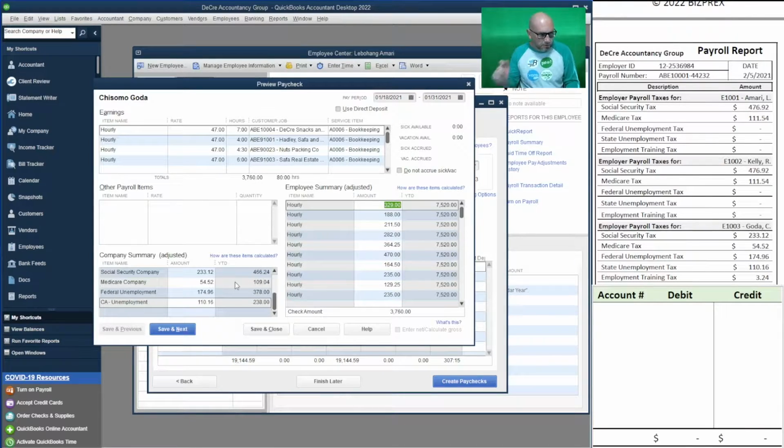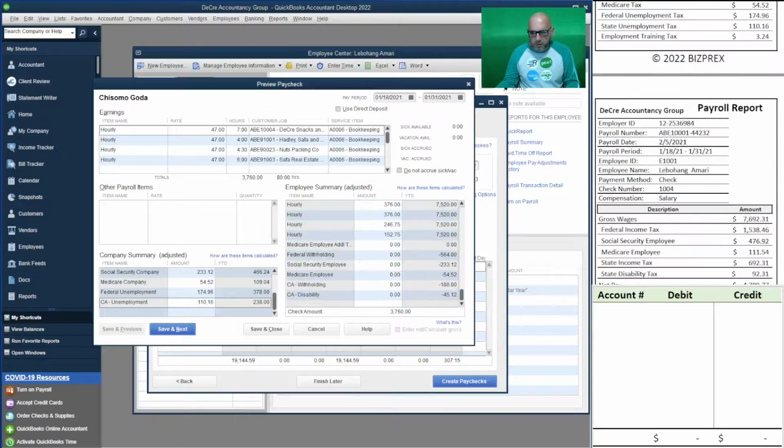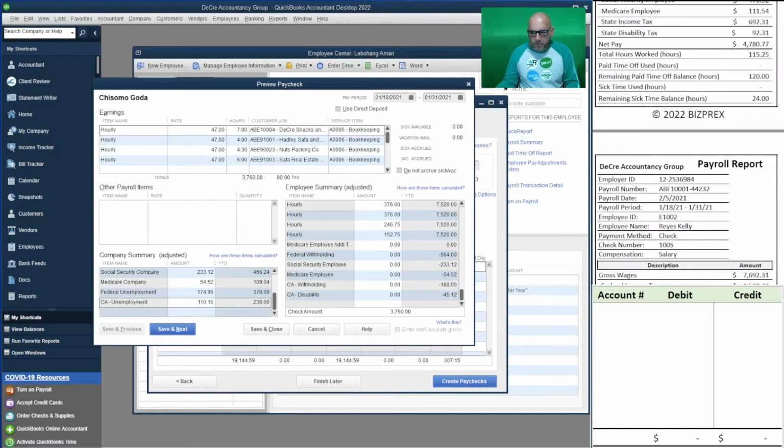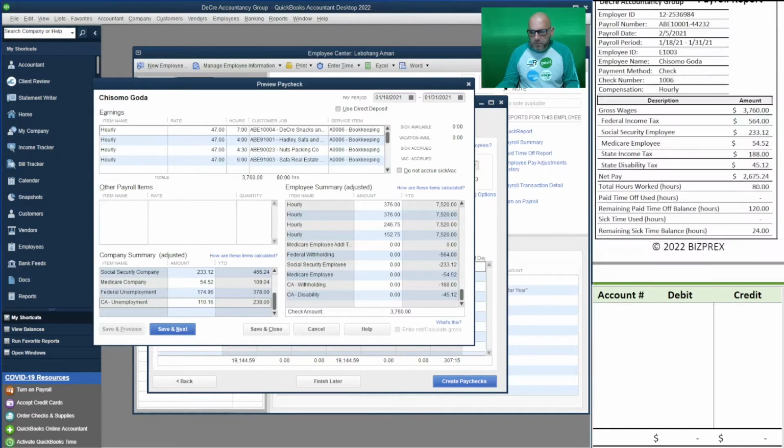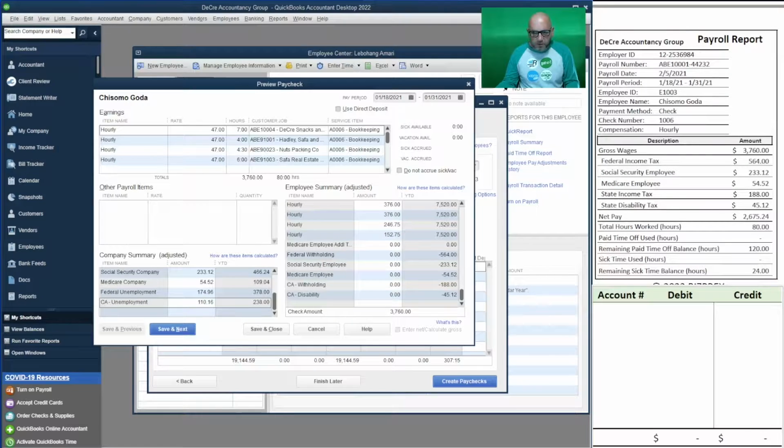Right. So we've entered employer taxes. And now we have to enter the employee taxes, and the holding.